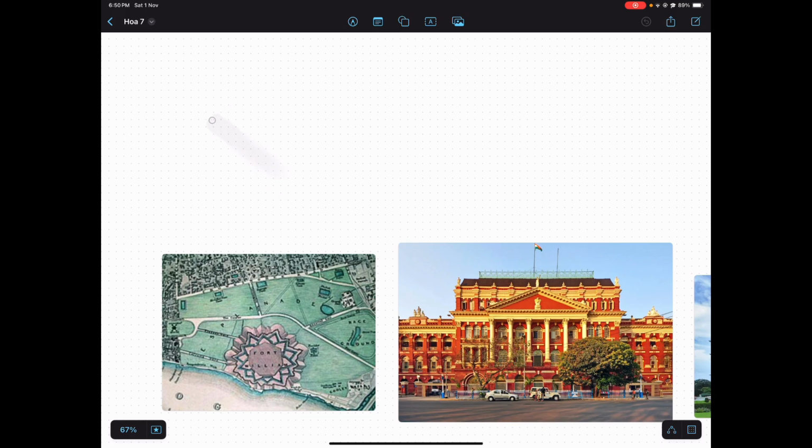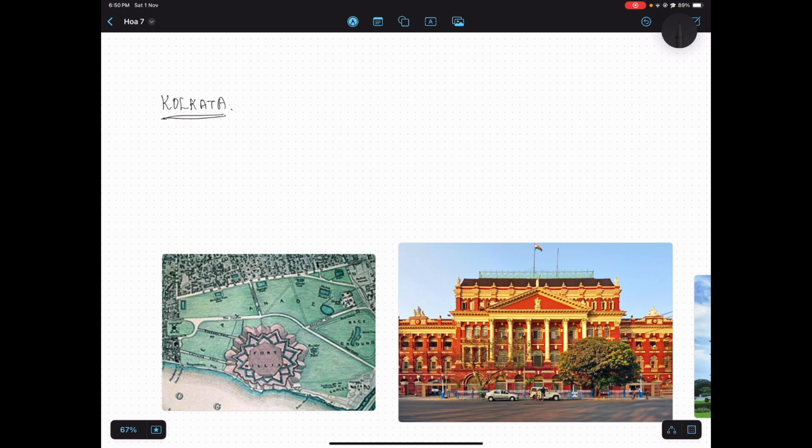Let's move on to Kolkata. Kolkata or Calcutta, that's how it was called in the British time. So it was ruled by the Britishers for a very long time until the Nawab of Bengal attacked, and then he literally drove the Britishers away from it and took power.